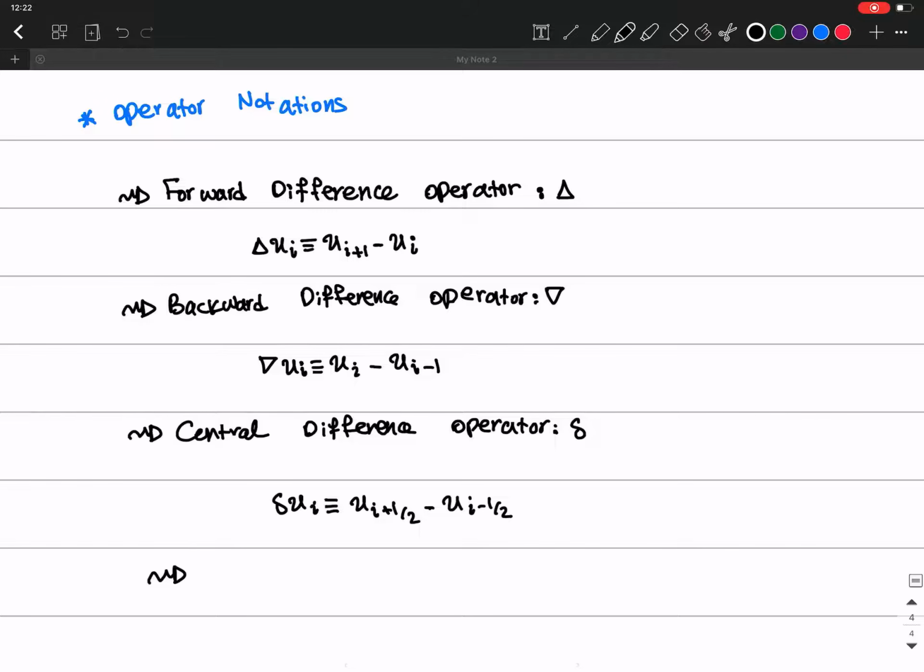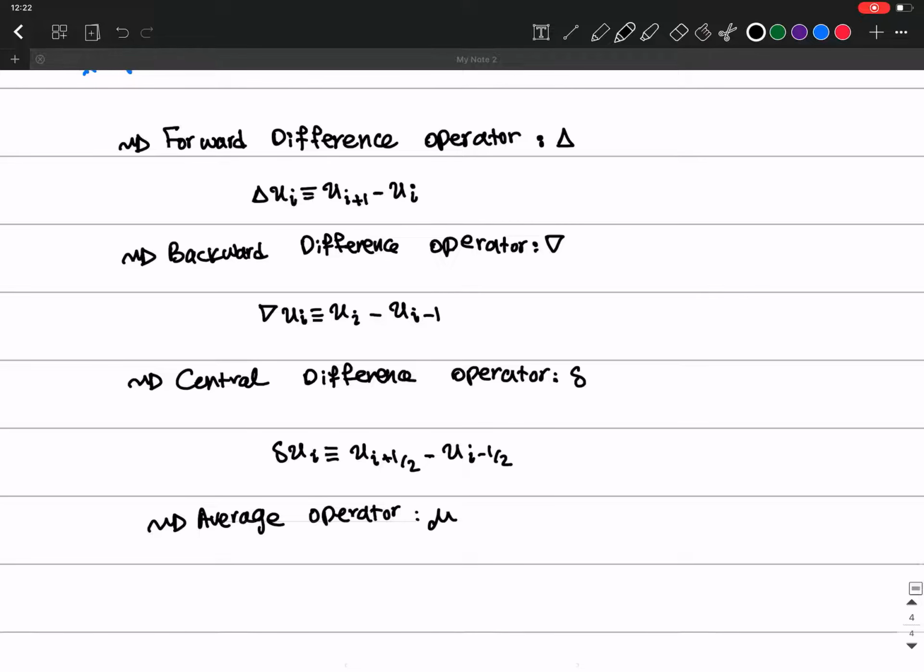Then we have the average operator, which we show with mu, and mu ui is defined as 1/2 times ui plus 1/2 plus ui minus 1/2.